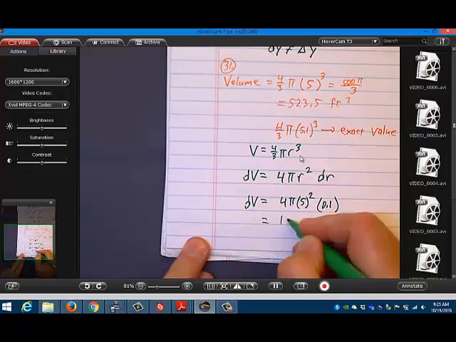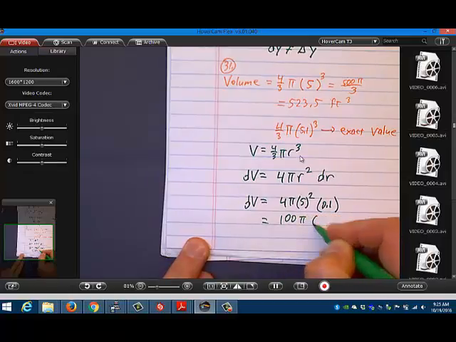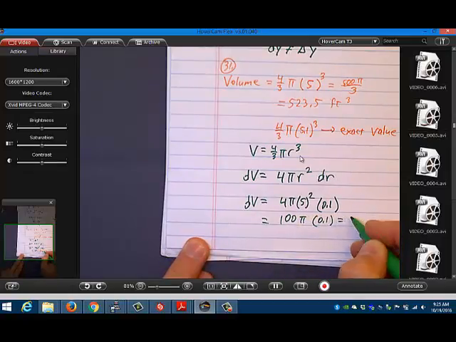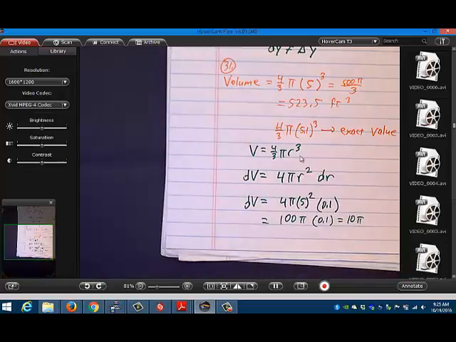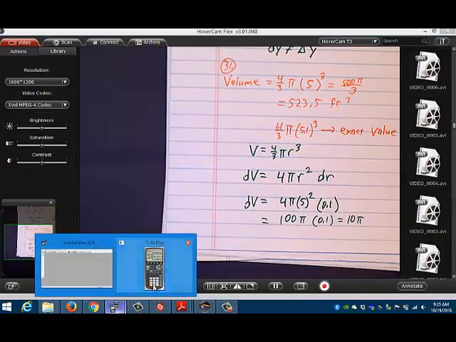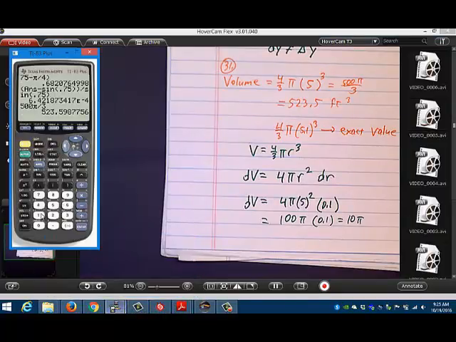So I get 100 pi times 0.1 is 10 pi. And so that's kind of interesting, because if I try 10 pi, I get 31.41 is how much it would change by. And that's an approximation to what you'd get if you did the exact volume.